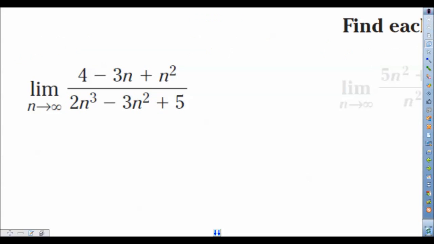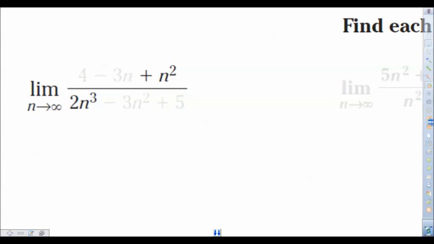So looking at this particular limit here as n approaches infinity, one thing to notice is as n gets really, really large, a couple of terms in the numerator and the denominator start to become irrelevant. And those are the lesser powers. As you get larger and larger numbers for n, the bigger the power, the more it overrides the other powers. So in this particular problem, the positive n squared takes over the numerator as we go towards infinity.